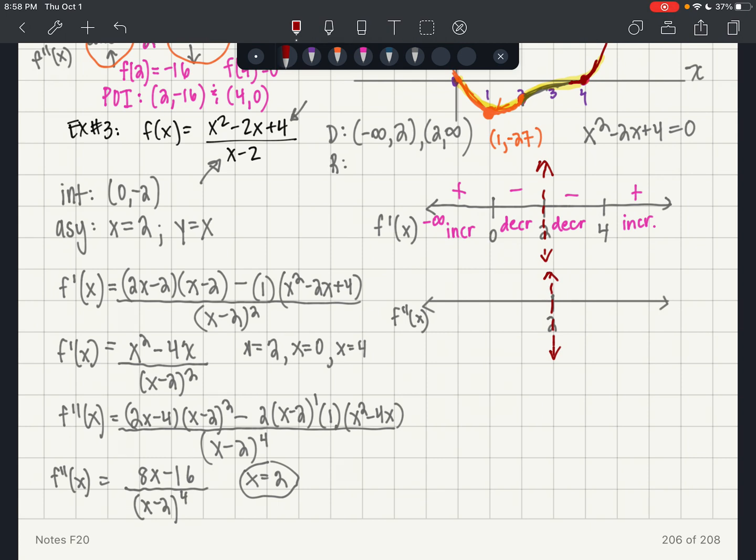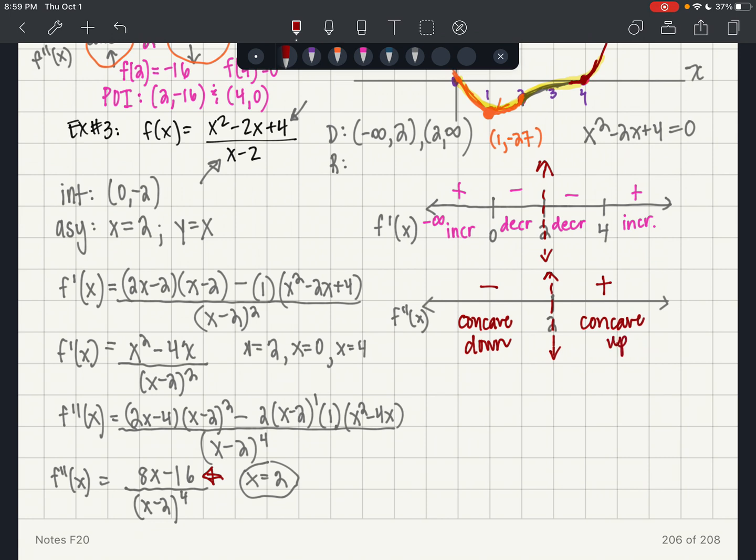So what's happening to the left of that asymptote? Well, if I put a 0 into my second derivative, I'm going to end up with a negative over a positive, which is a negative. So we've got concave down. And then if I put in, say, a 10, I'm going to end up with a positive over a positive. So that interval is concave up.